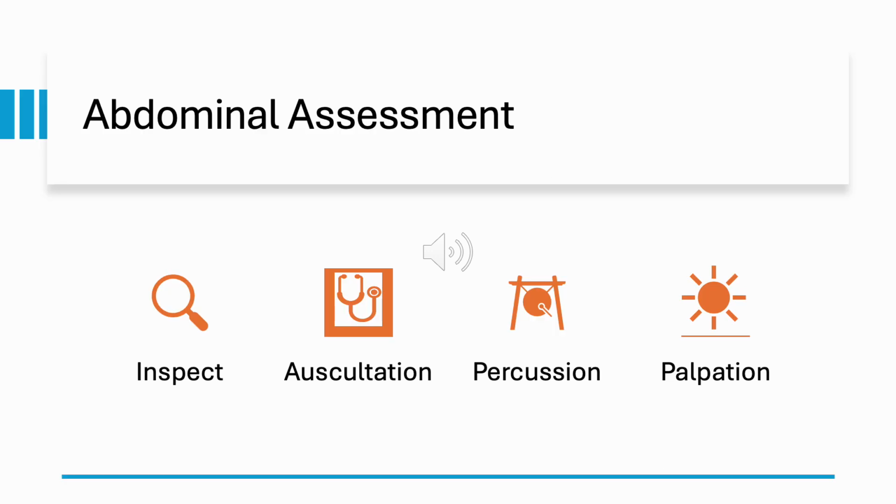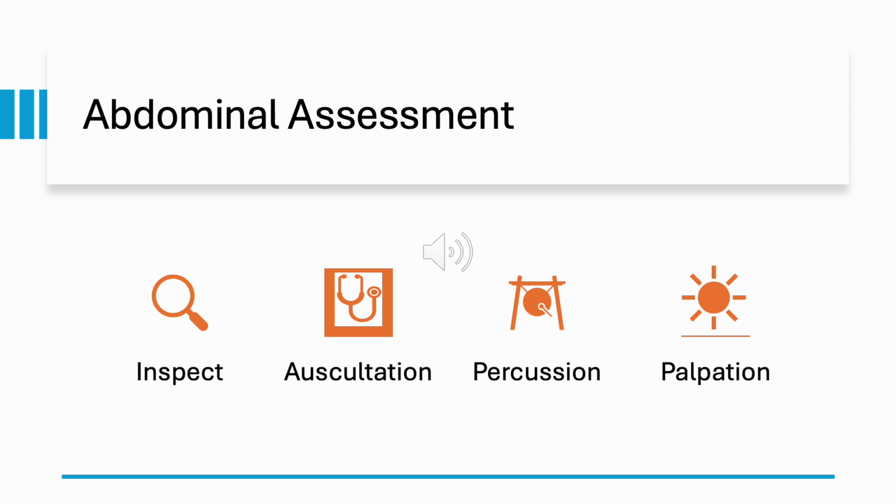Remember the order of abdominal assessment. I went into detail in the A&P in assessment lecture. For somebody with acute pancreatitis, you are going to inspect. You're looking for that Grey Turner sign or the Cullen sign. Auscultate bowel sounds because they may develop a paralytic ileus.